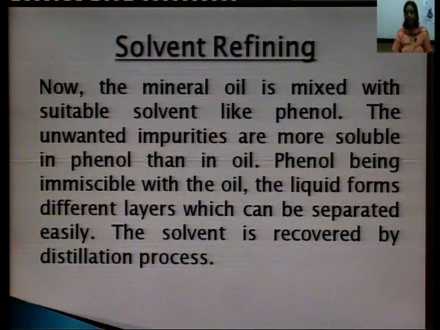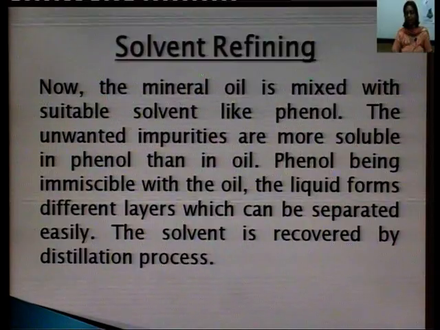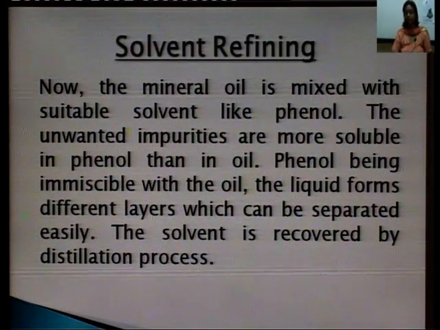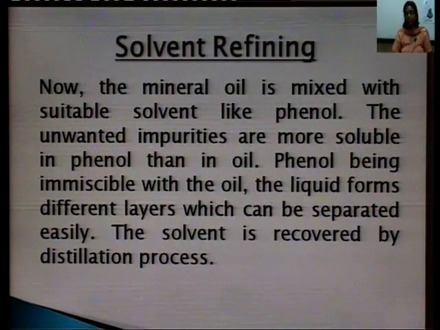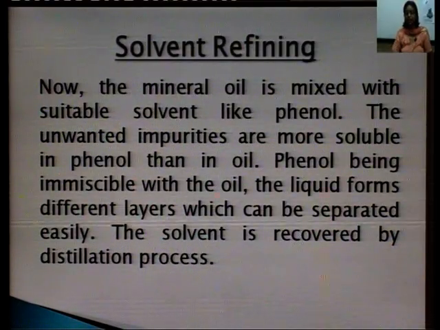Now, phenol being immiscible with the oil, that is, phenol does not dissolve in the oil, the liquid forms different layers which can be separated easily. So, we have two layers, one is of phenol containing the impurities and the other is of oil.